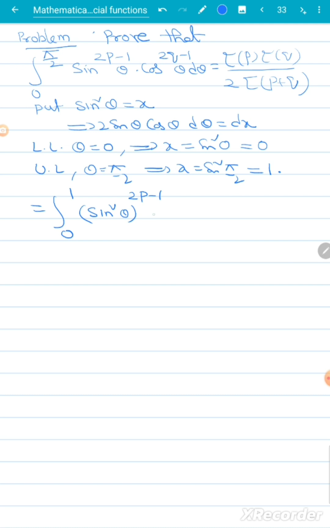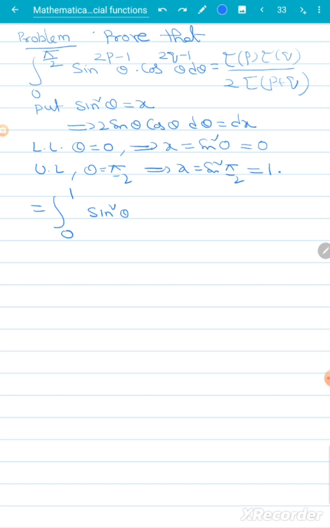I will write it as sine square theta to the power of p minus 1.